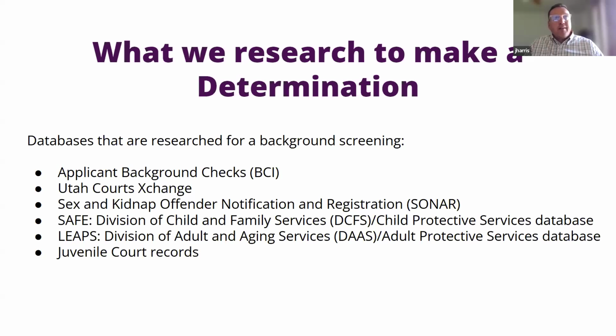So we're able to see anything there, but a lot of times we won't have all the details on out-of-state history, in which case we will have to make requests to the applicant to provide some additional information. If we're able to make a determination from the information that we have, or at least we're confident that we have the information needed, we will move forward. But if we need additional information, because all states aren't the same as far as providing their information into the BCI database, we will request that additional information from the applicant.